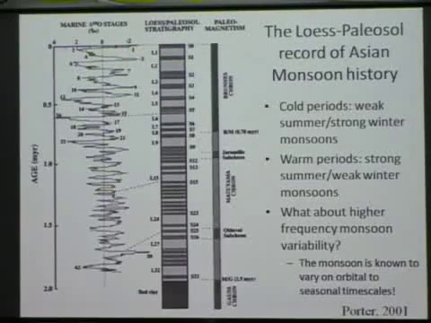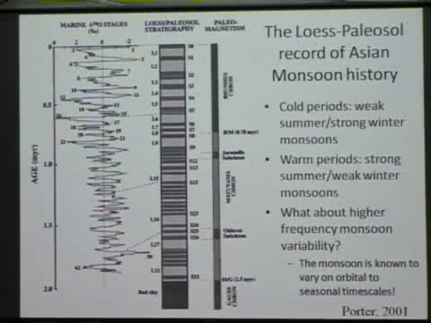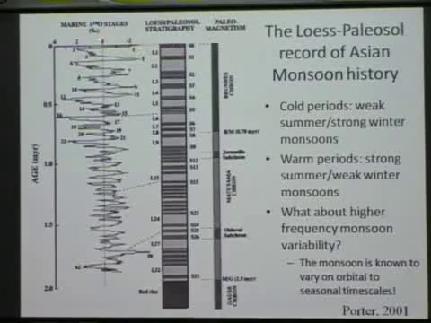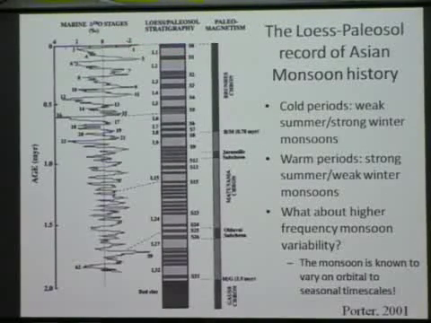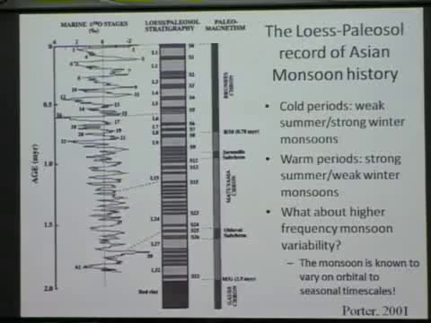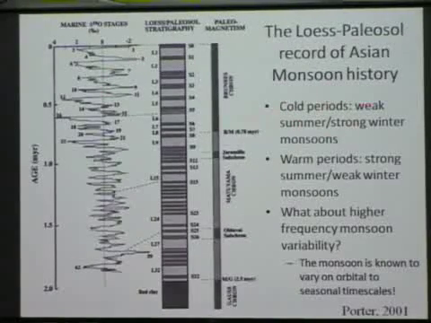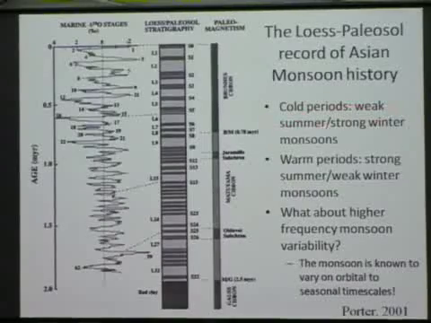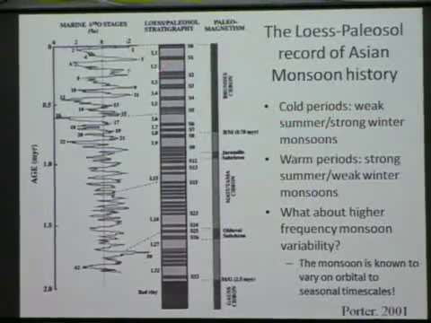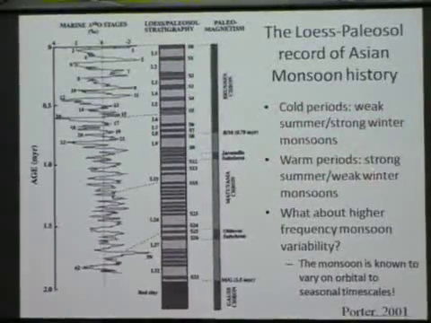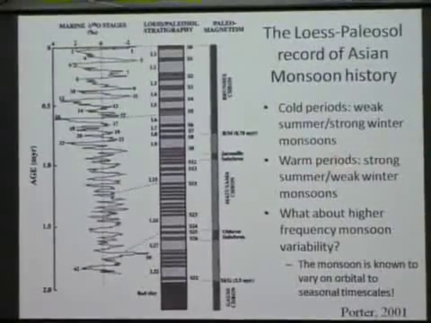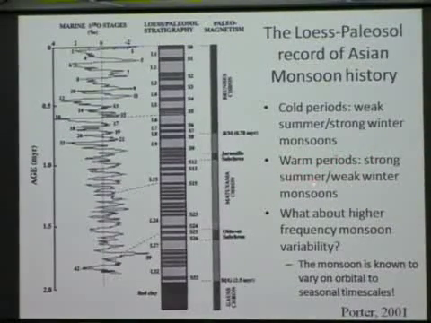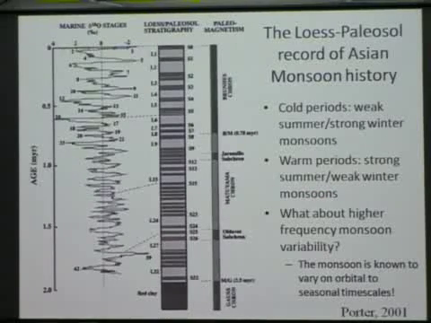And what was initially noted was that during warmer periods, we tend to have periods of soil formation indicating wetter conditions at that time. And so in general, then, the cold periods are characterized by a weak summer monsoon and a strong winter monsoon. And then the warmer periods, globally, are characterized by a strong summer monsoon and a weak winter monsoon. So you have this sort of seesaw-like effect.